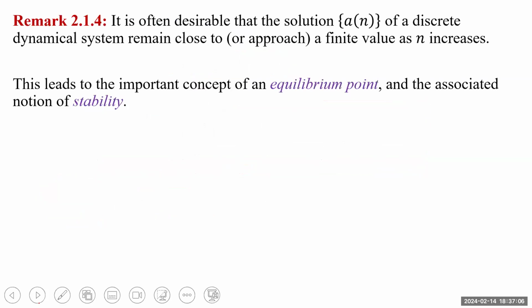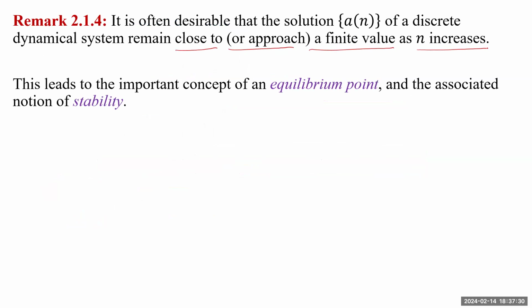We will see. So what is our major interest? The major interest is whether the solution a of n of a discrete dynamical system remains close to or approaches a finite value as n tends to infinity, as n increases, right? So what is the meaning of close? What is the meaning of approach?